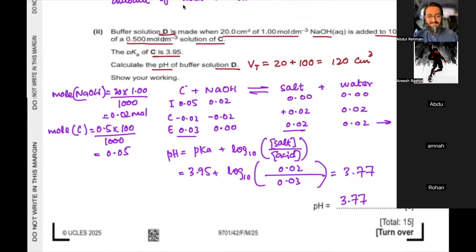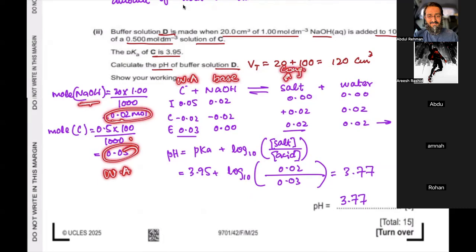See, the buffer is a combination of a weak acid and its conjugate base, or weak acid with its salt, right? So we have calculated the moles. That is a strong base, and this is the weak acid, right? So when a weak acid reacts with the base, the salt formed is a conjugate base, isn't it? Is this understandable, Arish?